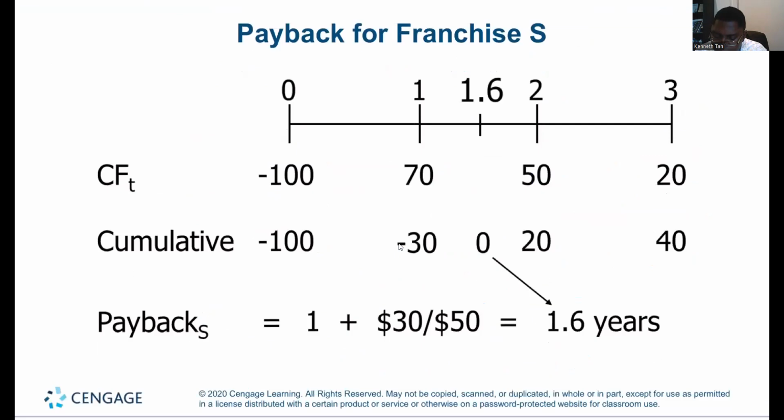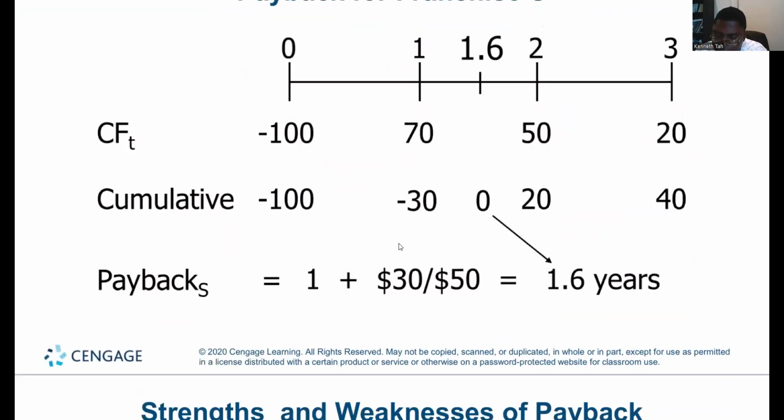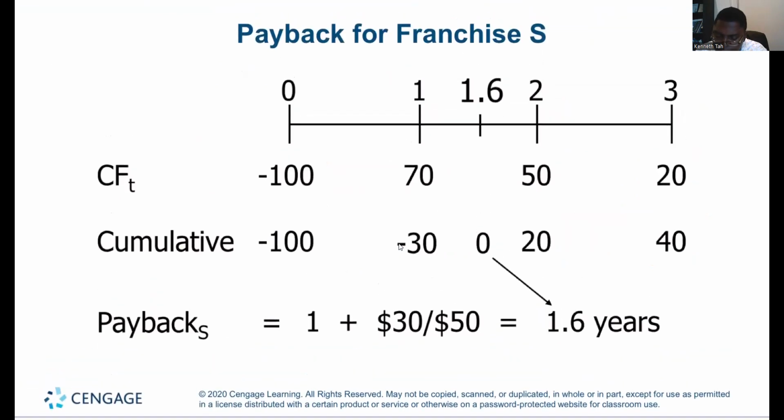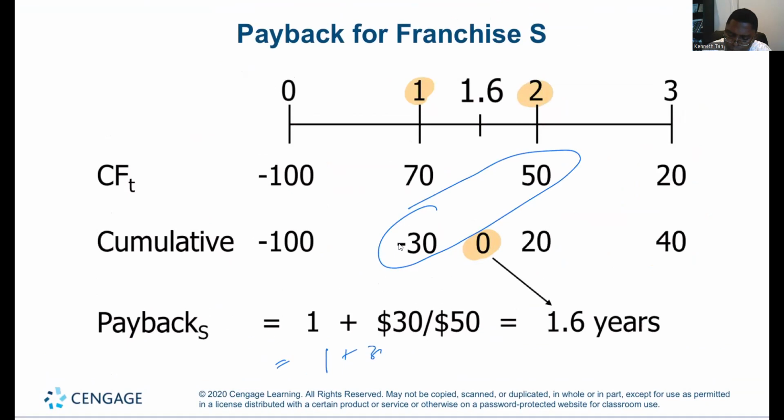We can do the same for project S. What we will find for project S is that we get our money back between year 1 and year 2, because the cumulative at year 1 is negative. So payback will be year 1, plus 30 divided by 50, which will be 1.6 years.